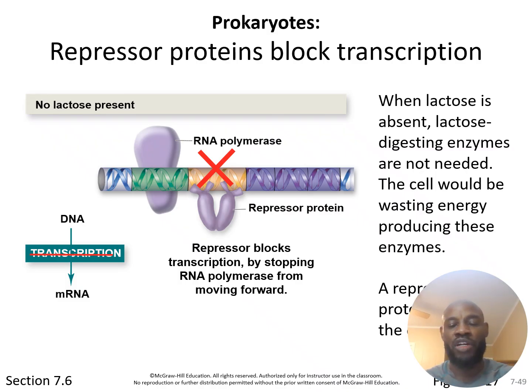So we want to be able to control when a molecule of DNA is transcribed. But we have proteins that can block RNA polymerase from binding to the DNA, therefore blocking transcription of DNA into RNA, right? So if a prokaryote doesn't need a specific protein, this is how they would block it.